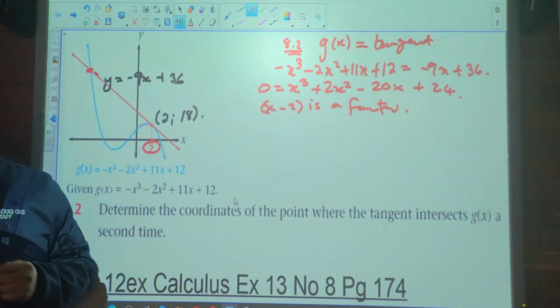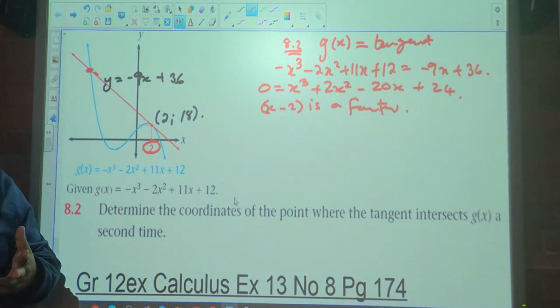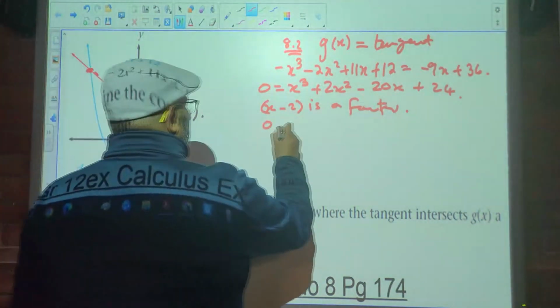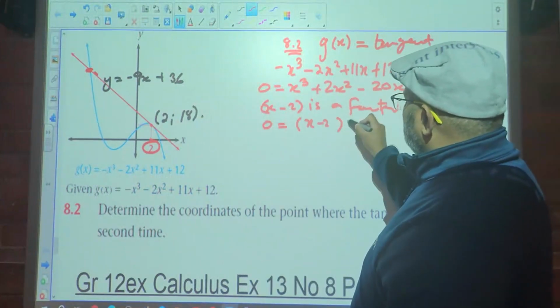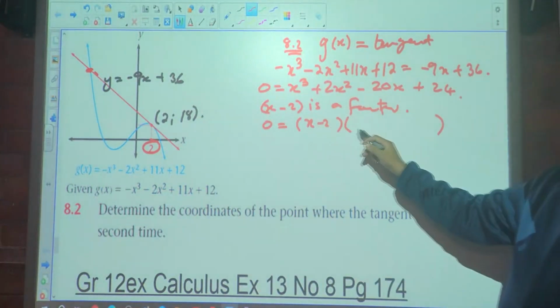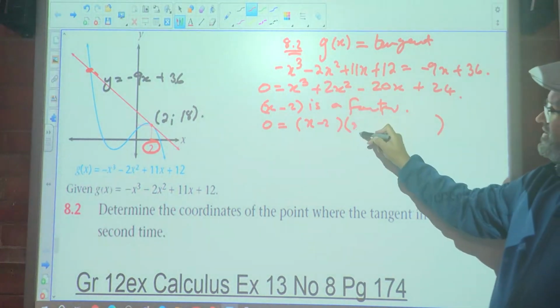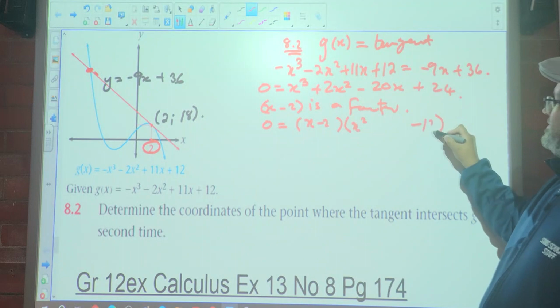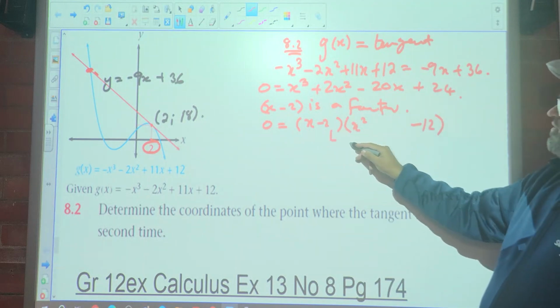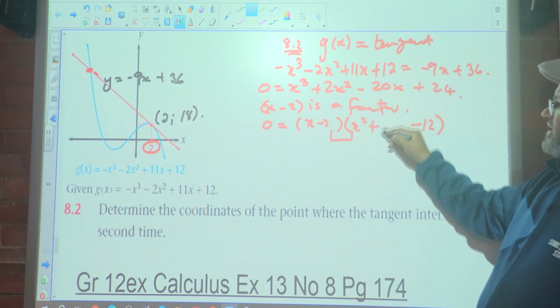You should get an answer of 0 provided you didn't make a mistake. So we have 0 is equal to x minus 2 into x squared, since x times x squared gives x cubed, and negative 2 times what is positive 24? Negative 12.